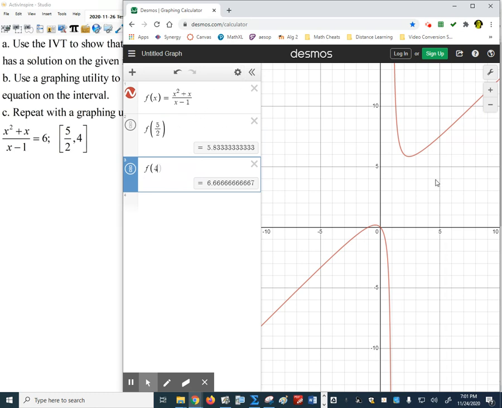And clearly the function is continuous between 5/2 and 4. So we meet the criteria of the intermediate value theorem.